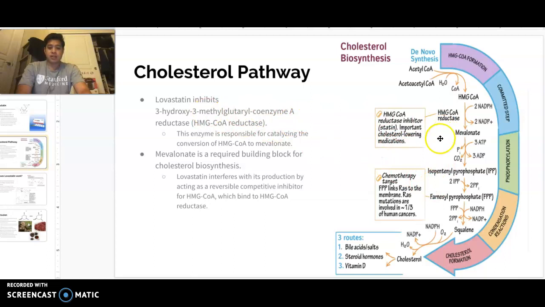What it does is it inhibits this enzyme, which, as you can see from the pathway, is responsible for catalyzing the conversion of HMG-CoA to mevalonate. And mevalonate is a required building block for cholesterol biosynthesis. So lovastatin interferes with this production by acting as a reversible competitive inhibitor for HMG-CoA, which binds to the HMG-CoA reductase.